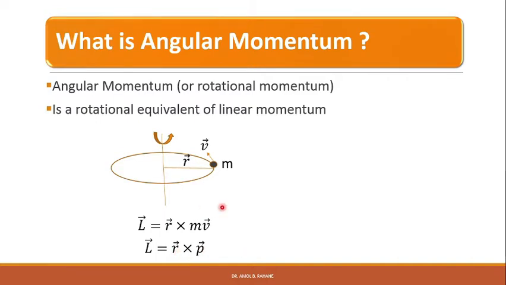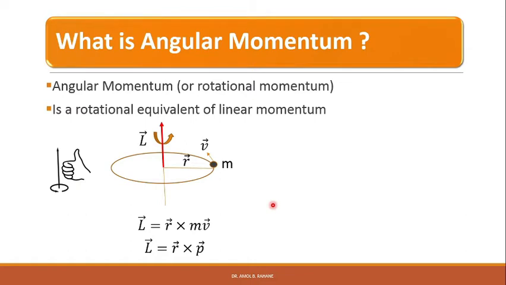The angular momentum, like linear momentum, is a vector and is denoted by L vector. Its direction is given by the right hand rule and it is directed along the axis of rotation of the electron.